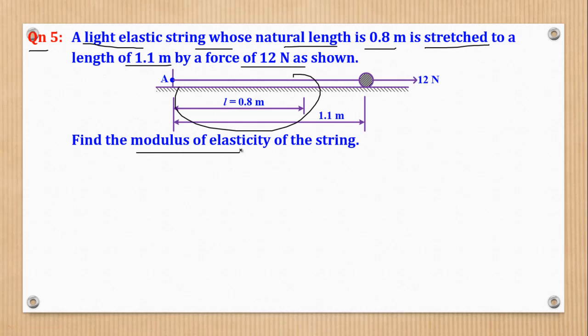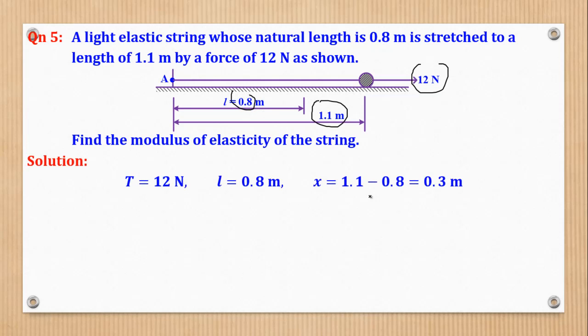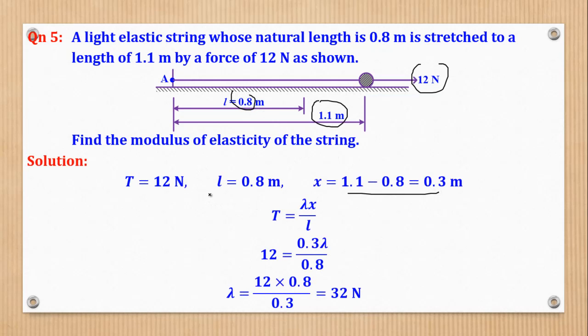Find the modulus of elasticity. So still here they have given us the force, stretched length, and original length. When I subtract the two, I'll be able to get the extension. Then I will quote the formula, substitute, and make lambda the subject.